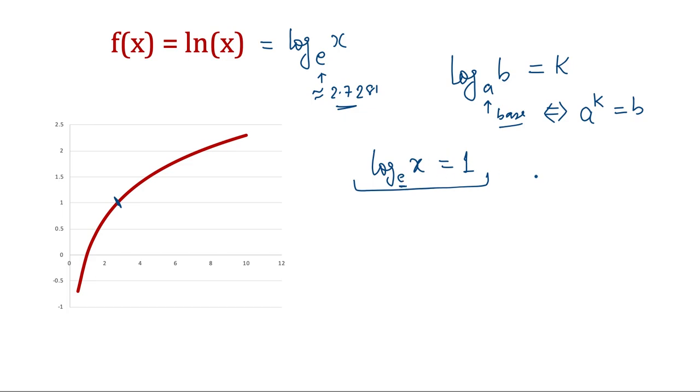Here base is e. So this is equivalent to e raised to the power 1 equal to x. e raised to the power 1 is simply e. So for x equal to e, which is here, it's 2.7, it should be equal to 1. And you see that for this value, it's 1. So this will be x equal to e.